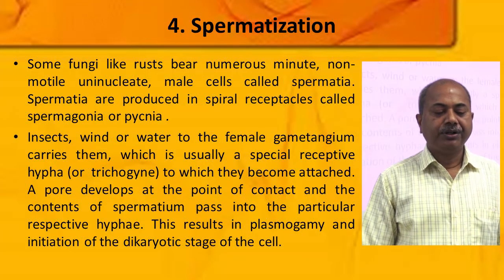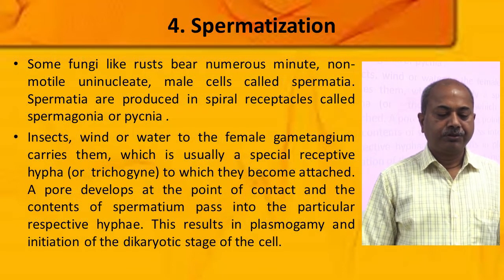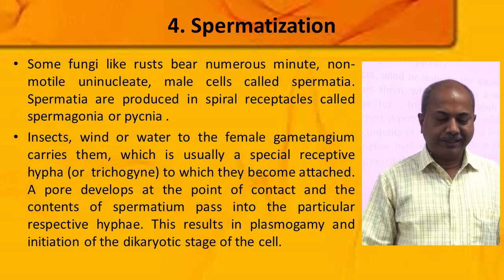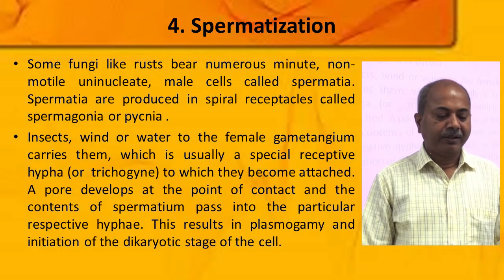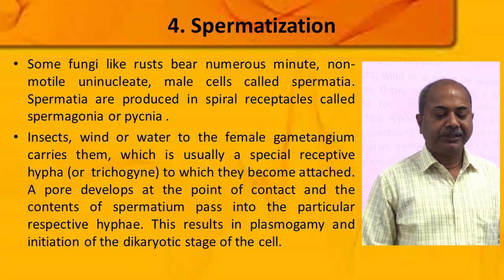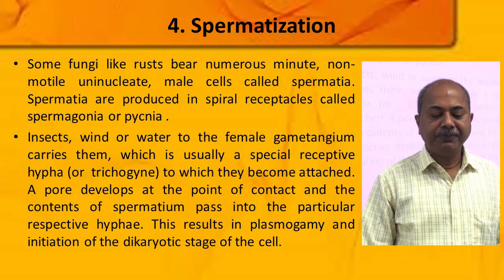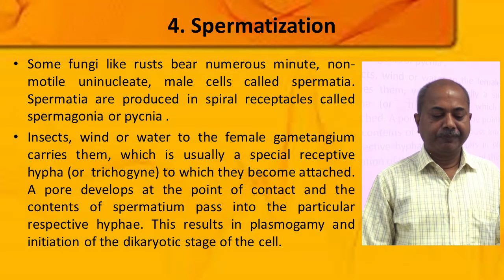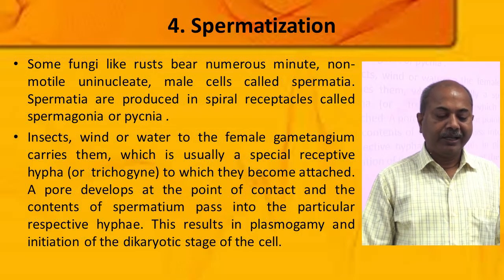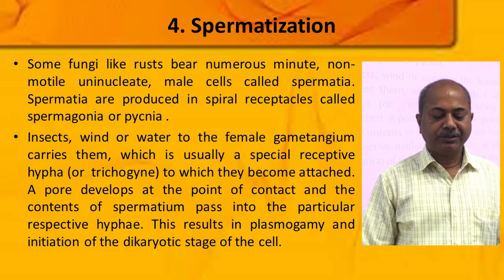Insect, wind or water carries them to the female gametangium, which is usually a receptive hypha or trichogyne, to which they become attached. A pore develops at the point of contact and the content of the spermatium passes into the receptive hypha and this results in plasmogamy and initiation of the dikaryotic stage of the cell.